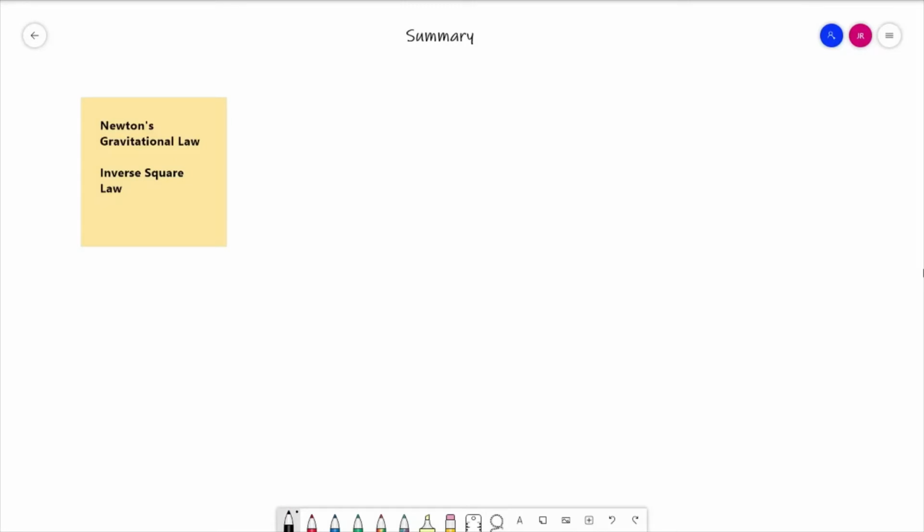So to summarise then, in this video we've looked at Newton's gravitational law. Newton's gravitational law says that the force acting between two bodies is proportional to the product of the masses, is inversely proportional to the square of the separation, and thirdly is always attractive.